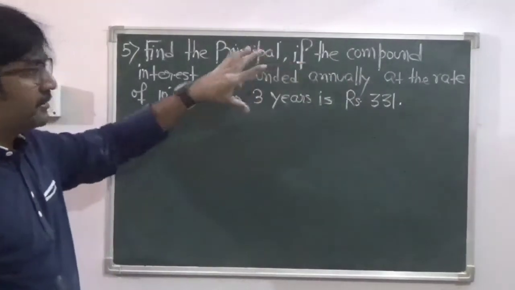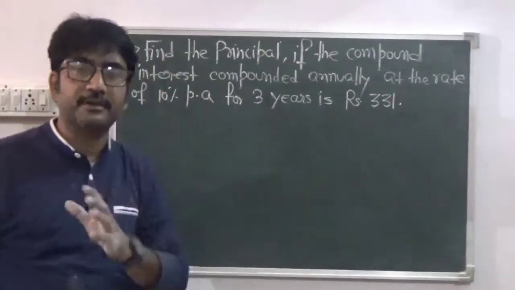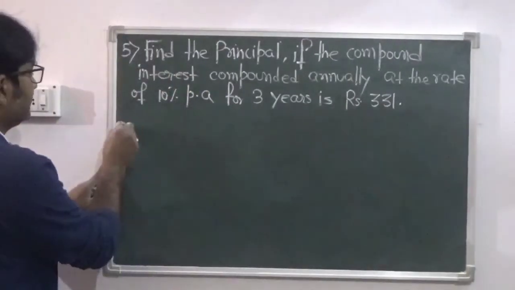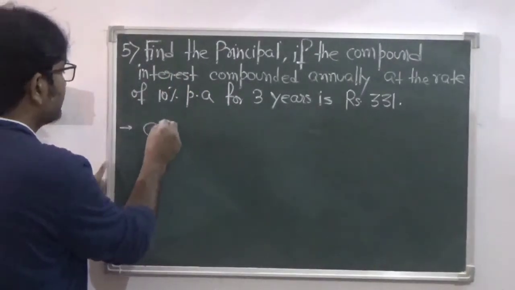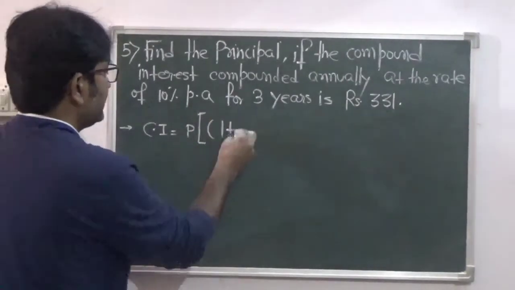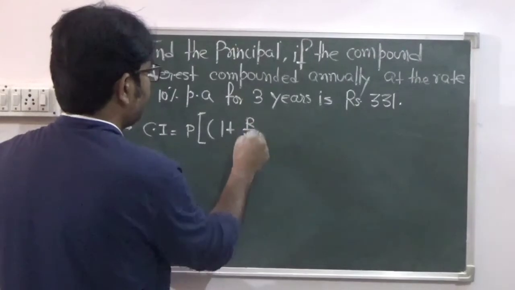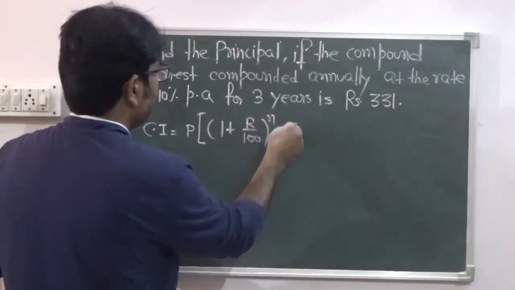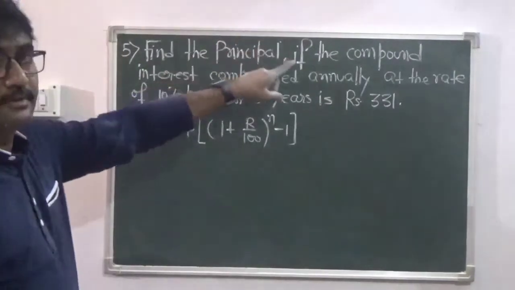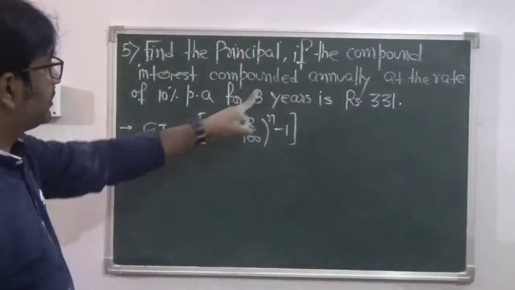So here you can apply the formula for the compound interest directly without finding the amount. So let us first write the formula for compound interest, that is P into 1 plus R by 100 to the power n, minus 1. P you have to find, P is unknown.